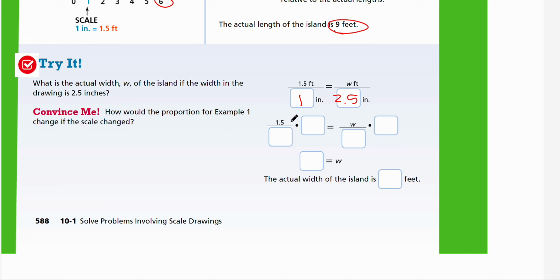So 1.5 over 1 times 2.5 is equal to W over 2.5 times 2.5. So W is really 3.75. So the actual width of the island is 3.75 feet.